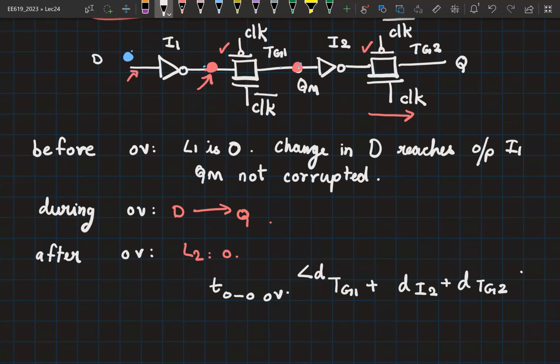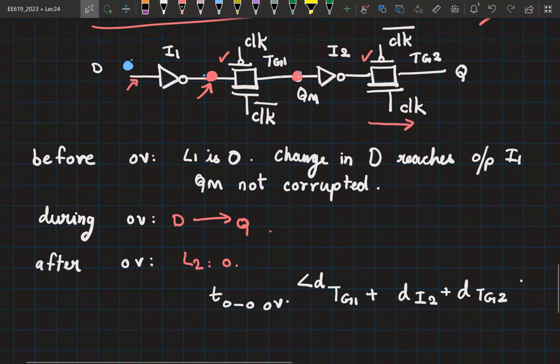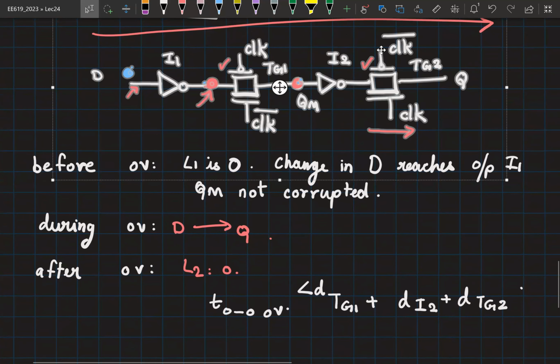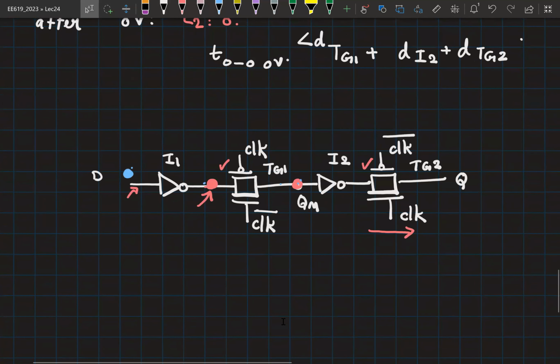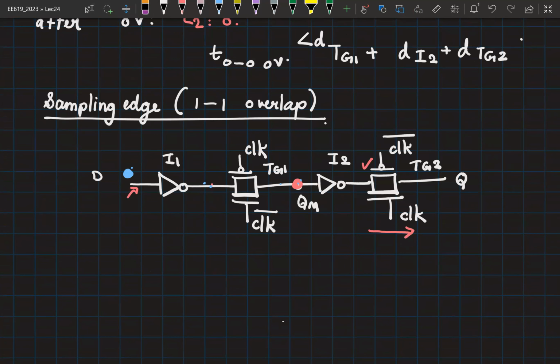Can you repeat the exercise for the sampling edge? So by the way, don't remember this association, sampling edge and 1-1 overlap, by heart.